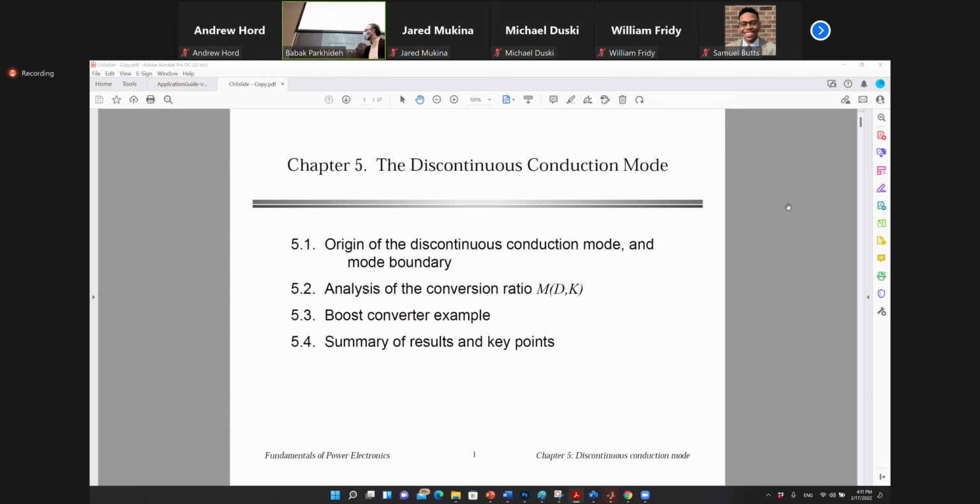Right? So we identify this switch as an active switch. When I call this an active switch, it means that it requires signals to control. So we definitely add gates to this switch, and control its on and off time.